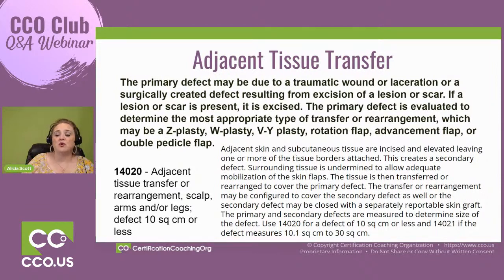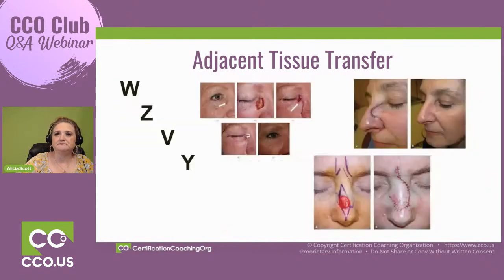You use 14020 for 10 square centimeters or less, and then 14021 if the defect measures 10.1 square centimeters up to 30 square centimeters. And then again, you can look at the codes to see how that's all arranged. It's going to give you the type, body area, and size, three things that are pertinent.